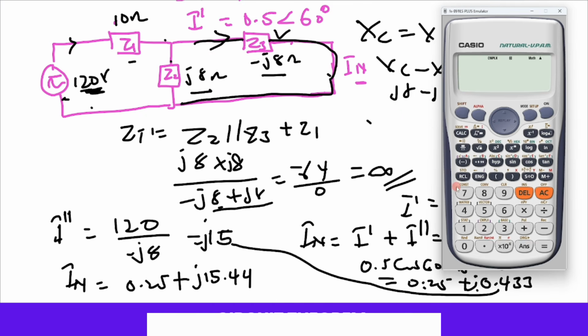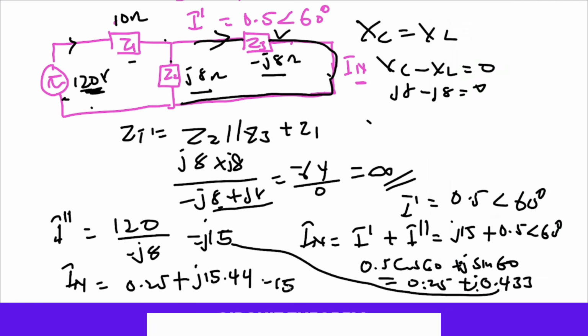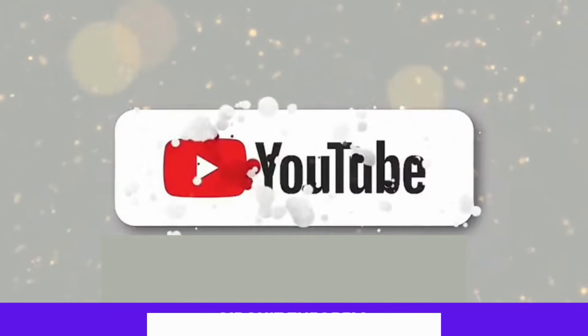So we have 0.25 plus 15.44I. So shift, and then we convert it into the corresponding angle. That will give us 15.44 angle 89 degrees. This will be our result. Thank you.